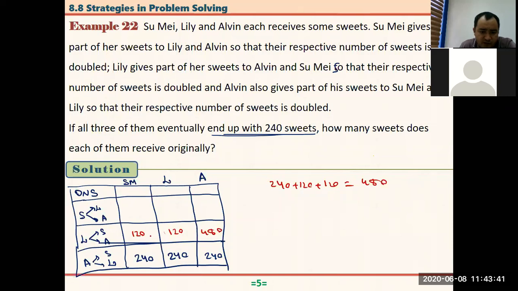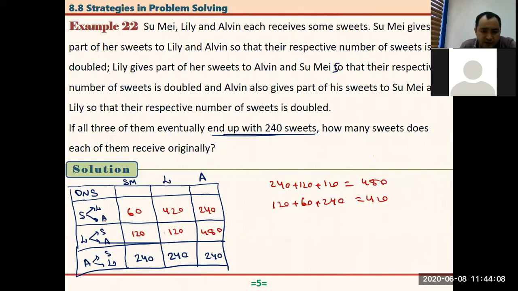After she received from Lily double, so before this, she had 60. And Alvin before this had 240. And before this, Lily gave 60 to this girl and 240 to this guy. So here, 120 plus 60 plus 240, that's 420. So she had 420.